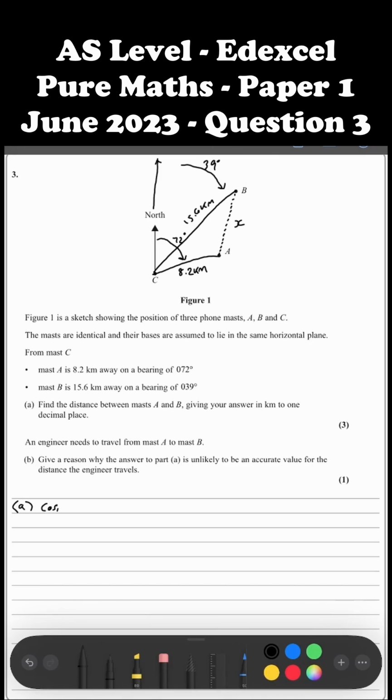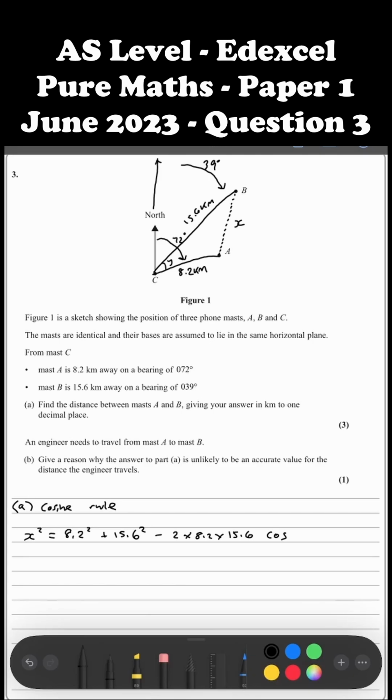So I'm just going to say cosine rule, which is just the side length x squared equals 8.2 squared plus 15.6 squared minus 2bc cos x, which is going to be 2 times 8.2 times 15.6 cos, and then the angle, which is going to be this angle here, which is y.